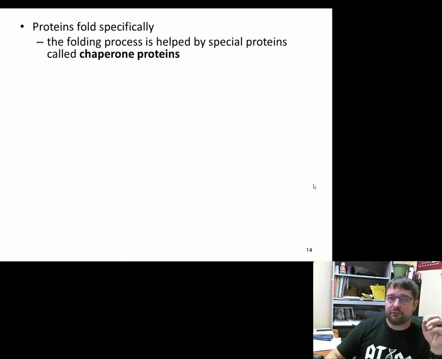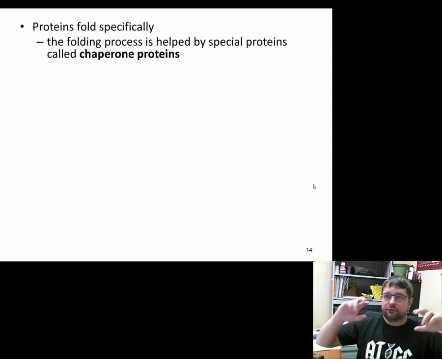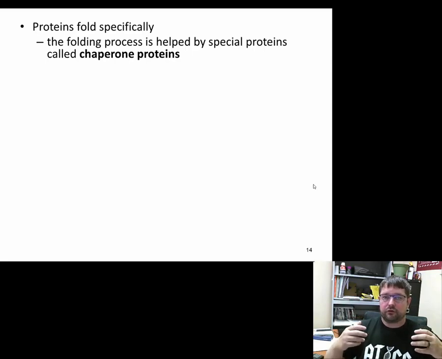Proteins fold specifically, we already talked about this, so you're going with that amino acid chain, folding into secondary structure, folding into a tertiary structure. Now often we ask ourselves, well, how do proteins know what way to fold, or what's the specific folding process?